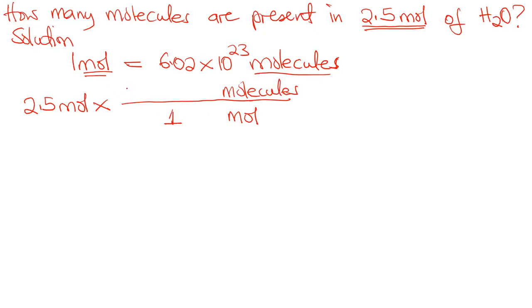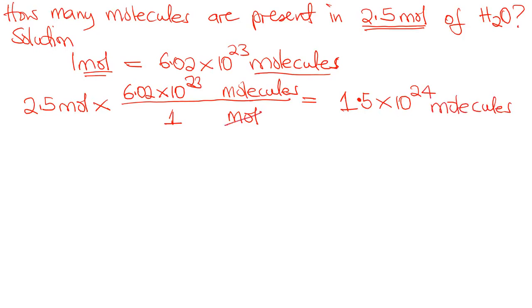The molecules goes with 6.02 times 10 to the power 23. And when you do this calculation, you find the answer is 1.5 times 10 to the power 24 molecules. Now the mole is going to cancel with the moles here, and we just remain with molecules.